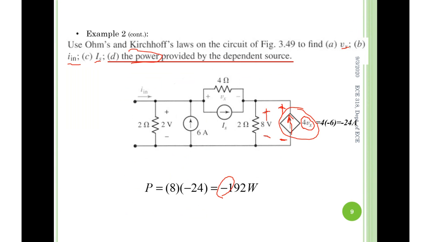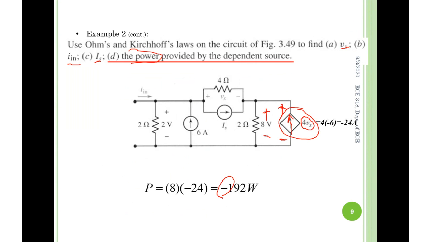Absorb, or say consuming. Okay. Positive power means consuming or absorbing. Negative power means supplying, providing, and sourcing. Connor using sink and source makes perfect sense as well. So positive power means sinking. Negative power means sourcing. Very good.